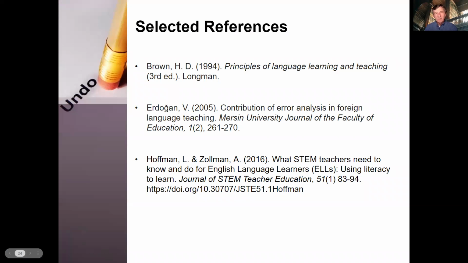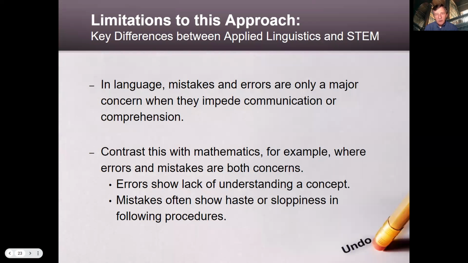We don't want bridges and buildings collapsing. So the idea that precision and accuracy are important definitely come through in STEM education, but only at the end of working with concepts.